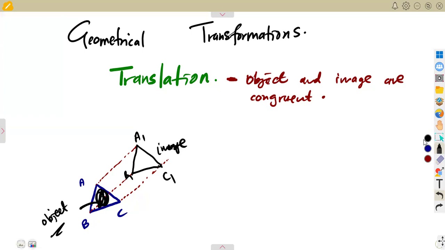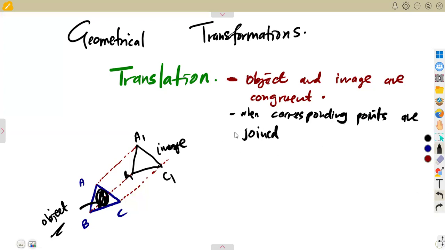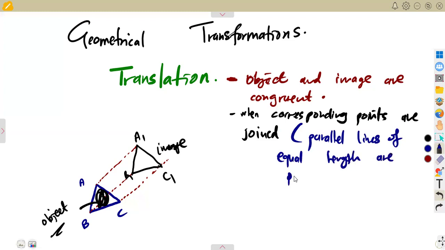Okay, let me write it down. When corresponding points are joined, so you've joined the corresponding points, we are going to have parallel lines of equal length produced.